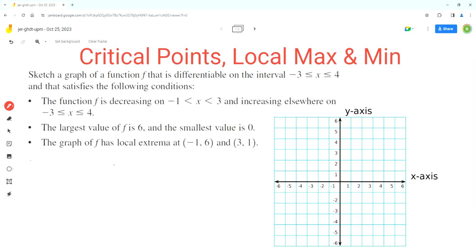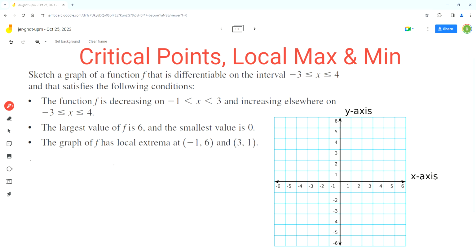So the first step is to analyze the given interval on which the function is differentiable. Now a function is differentiable on an interval if there is no vertical asymptote, no jump in the function, or no cusp point.